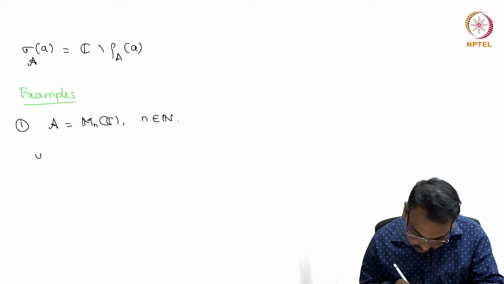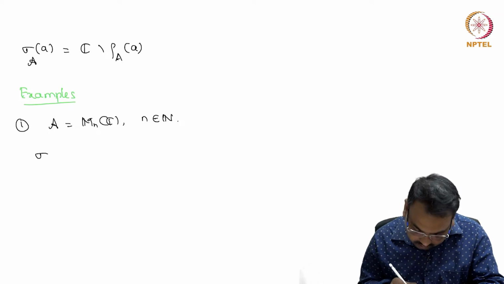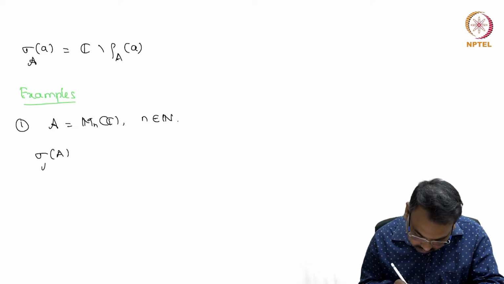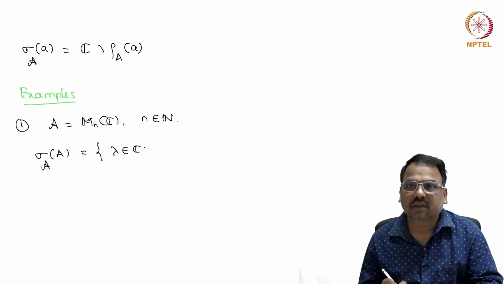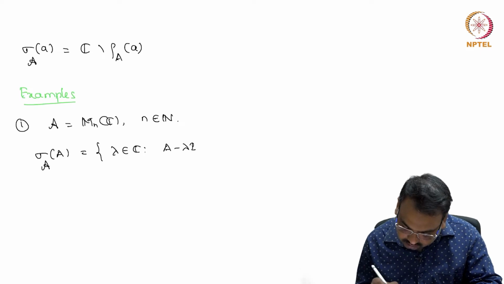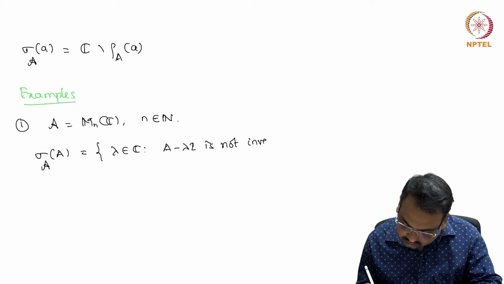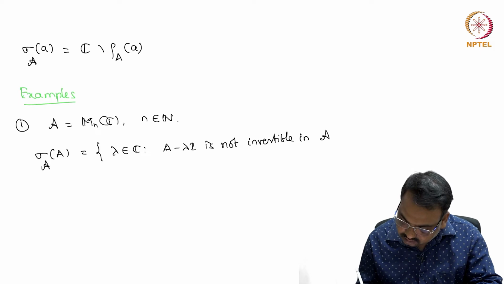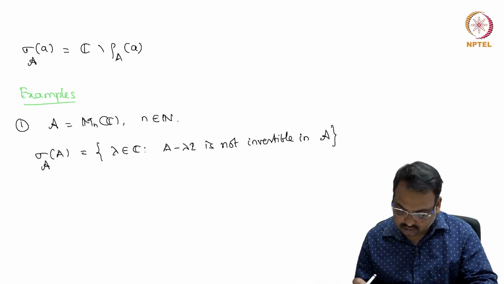Now let us look at the spectrum of some element a with respect to the algebra. This is the set of all lambda in C such that a minus lambda I is not invertible in A, the set of all n by n matrices.